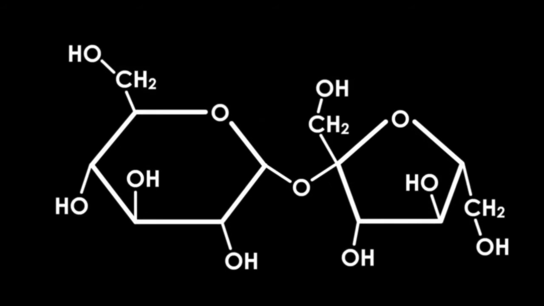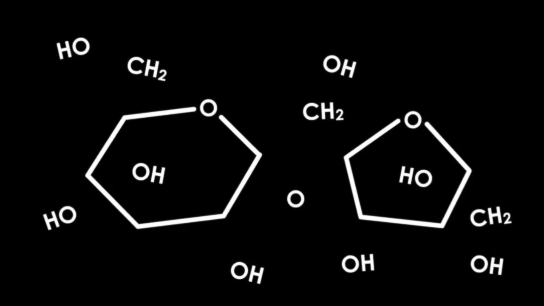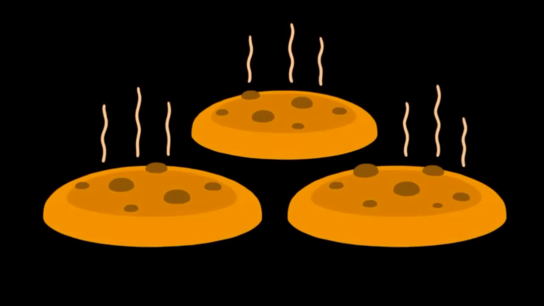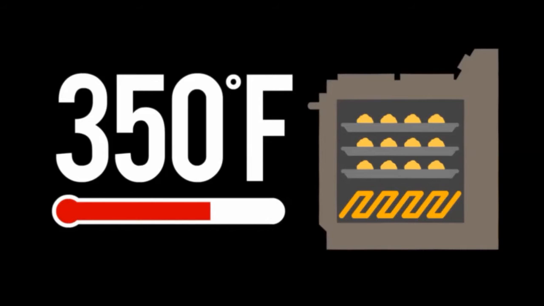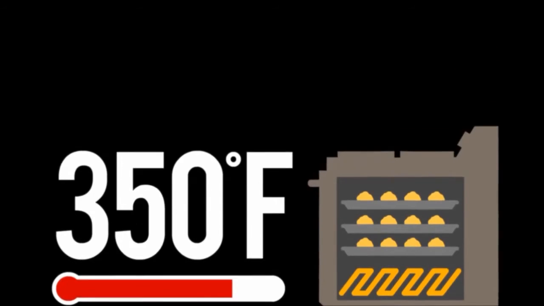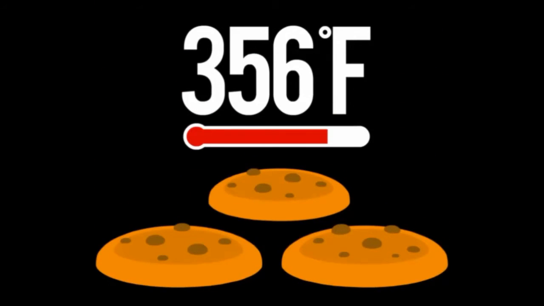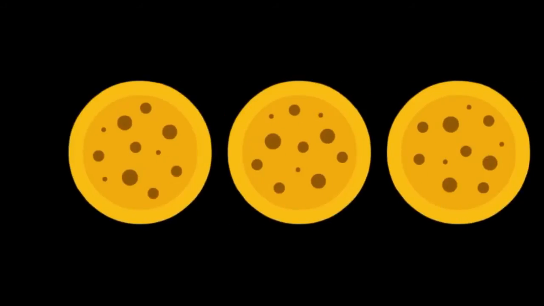Caramelization is what happens when sugar molecules break down under high heat, forming the richly sweet and slightly bitter flavor that defines caramel. In fact, if your recipe calls for a 350-degree Fahrenheit oven, it will never happen, since caramelization starts at 356 degrees Fahrenheit, which is 180 degrees Celsius.